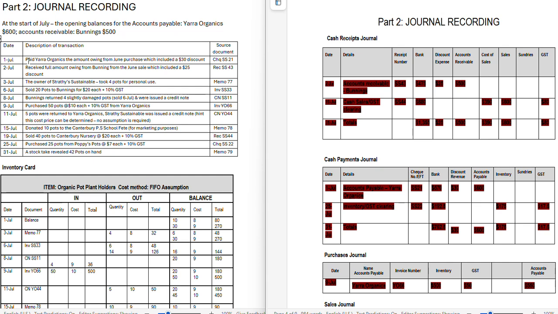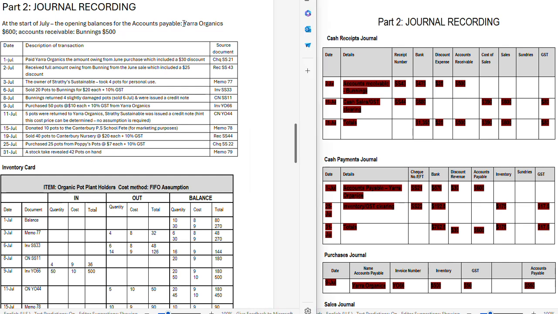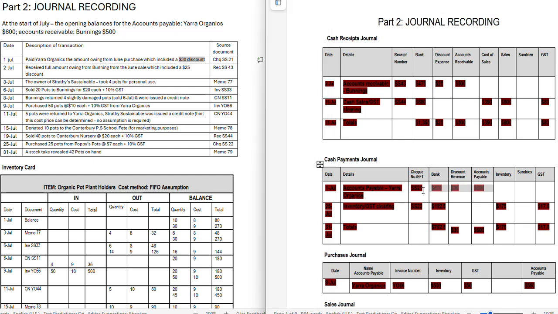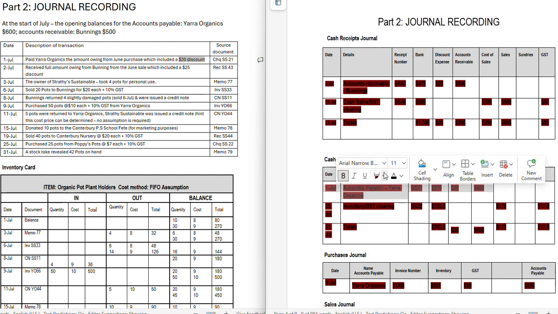On the first, we've paid a supplier, Yarra Organic. So if we look at the top here on the left, we owe them $600, and because we're being good and we're paying promptly, we're getting a $30 discount, which needs to be factored into that payment. So if we look in the middle of the right here, let's have a look what that looks like.